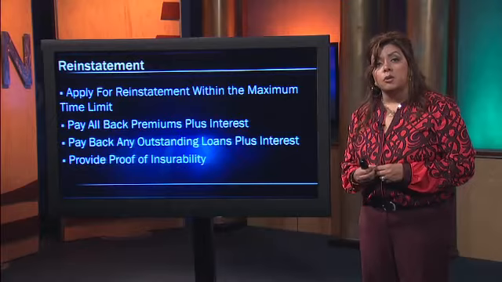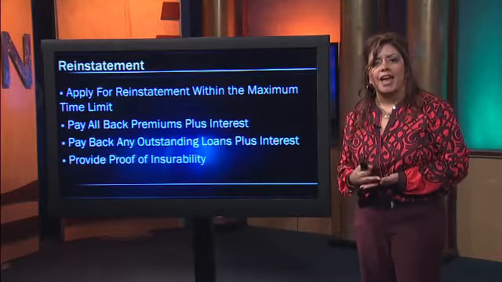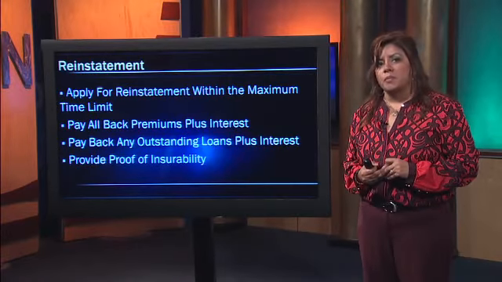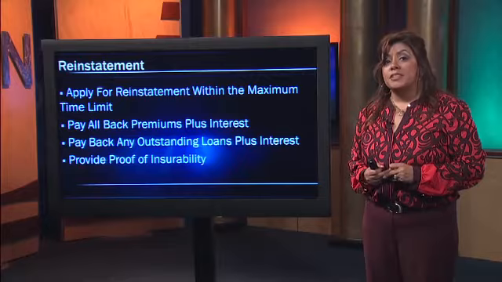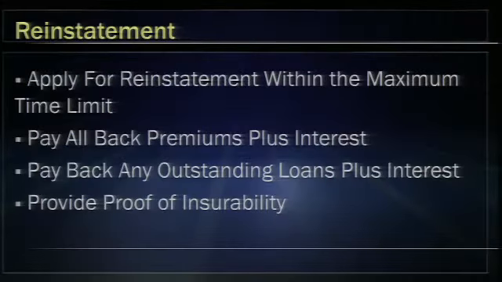Now, if a policy owner wishes to put a policy back in force to how they originally had it, they could do what we call a reinstatement. Applying for reinstatement has a maximum time limit, which is typically 3 years from the time it lapsed. The policy owner would be required to pay back all missed premiums with interest.